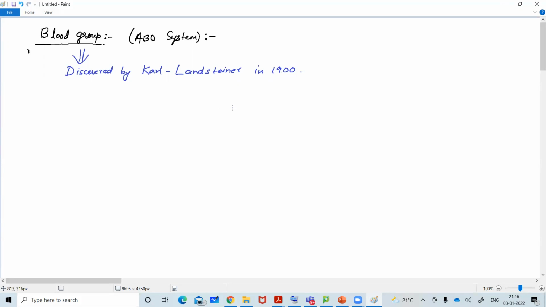Okay, and this ABO system, or the blood group system, was actually based on presence or absence of an antigen which is present on RBC. Right, so you can say that it is this group.